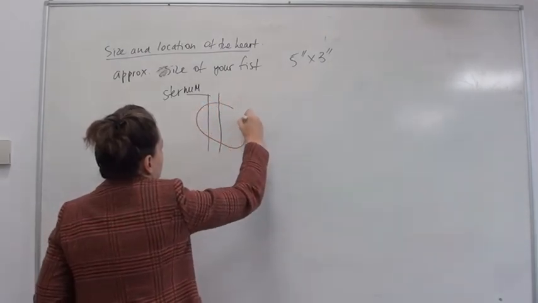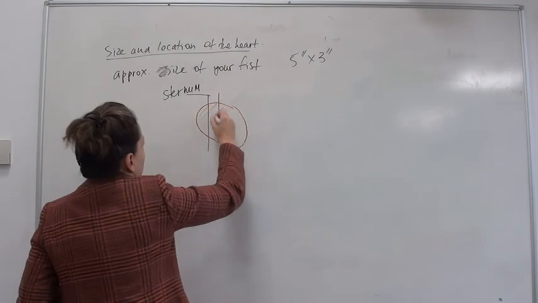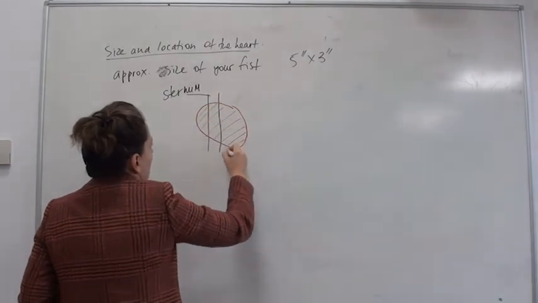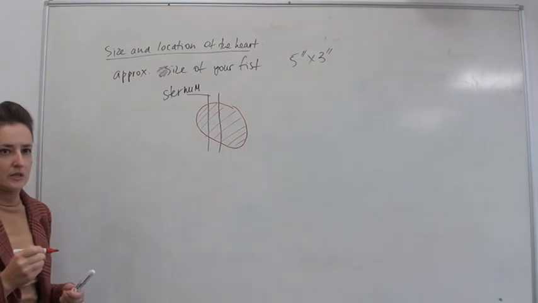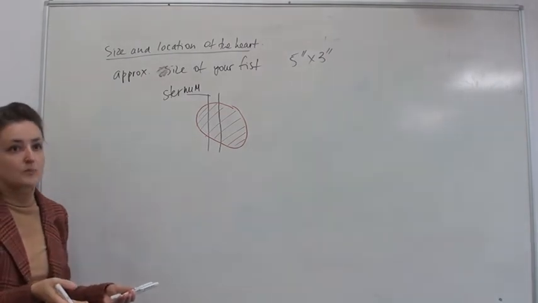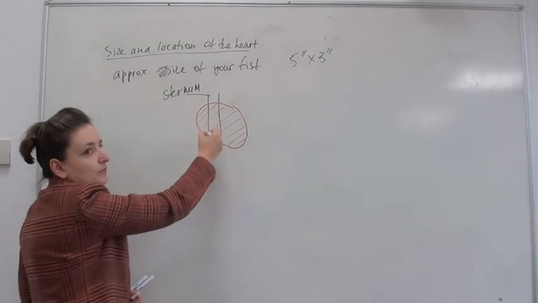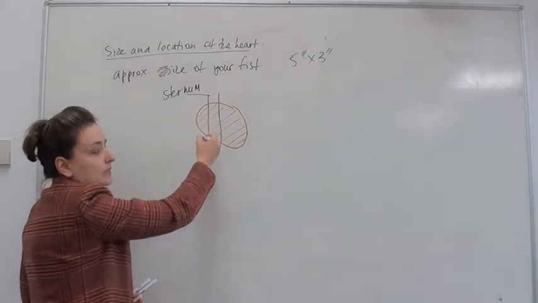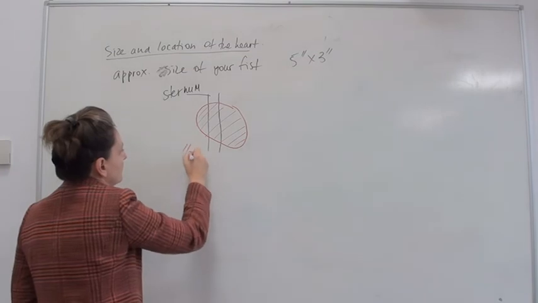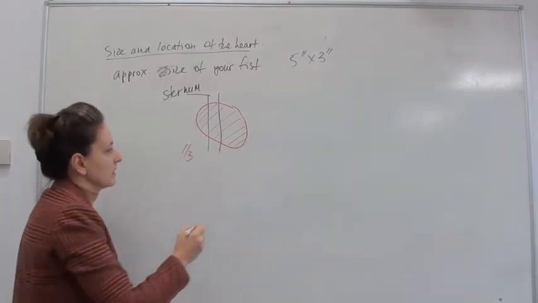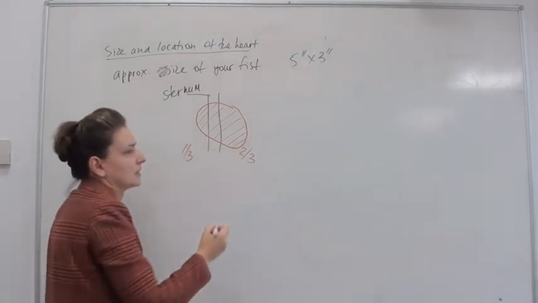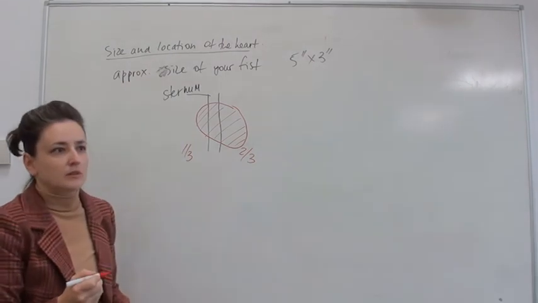Something like that. Okay, that's your heart. A lot of people say that your heart is on the left side of your body, which is partly true, but you can also see that some of it is peeking out a little bit on your right side. So roughly 1/3 is on the right, and then approximately 2/3 is on the left side.